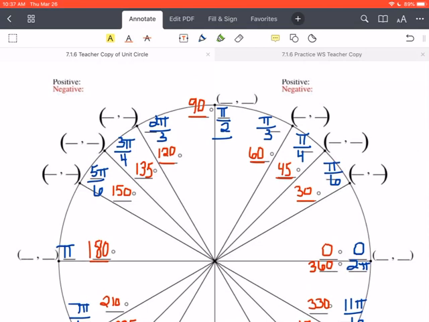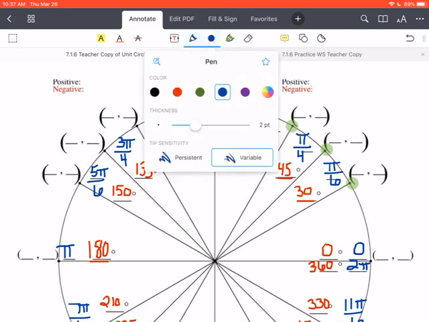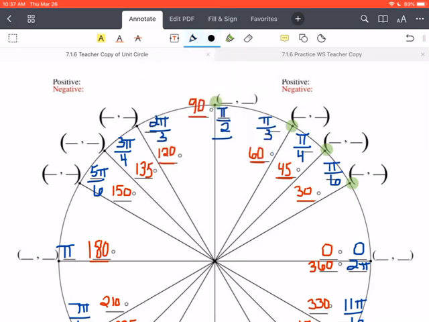Now we're thinking about the actual location of these points on the unit circle. These points, if you recall, are actual XY coordinates. Now, the key idea is that when we're looking at XY coordinates, we know that x gives us the cosine of the angle that we're dealing with on the unit circle, and we know that y gives us the sine of the angle on the unit circle.